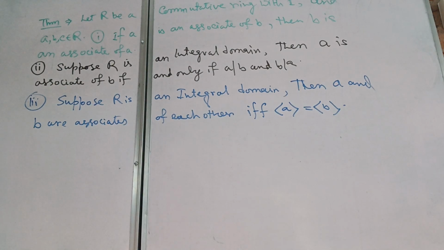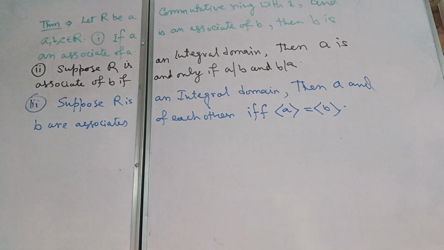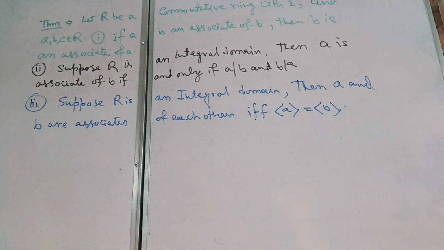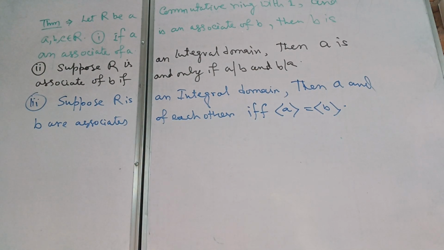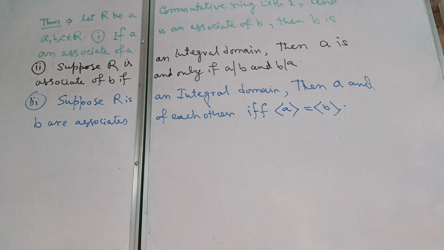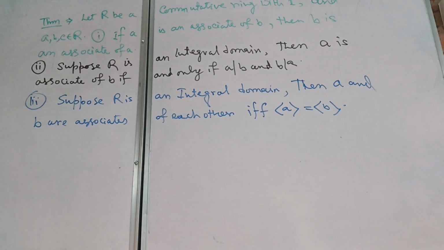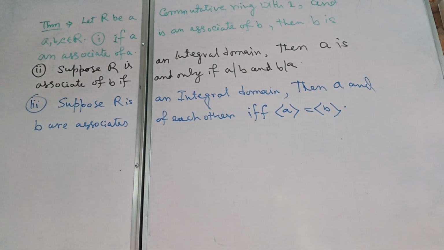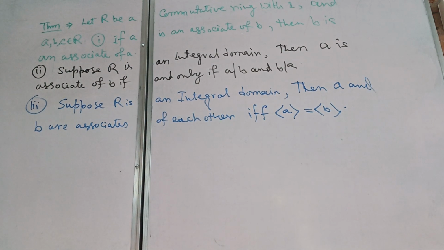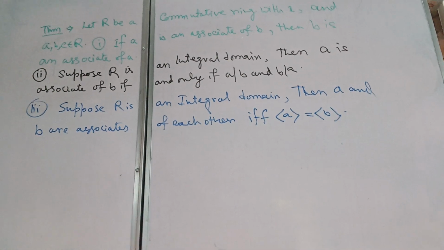So we also talk about it in this way. That means if A is an associate of B, then B is an associate of A. And this is possible: A is an associate of B means A divides B, and obviously B is an associate of A means B divides A. Easily this is possible.